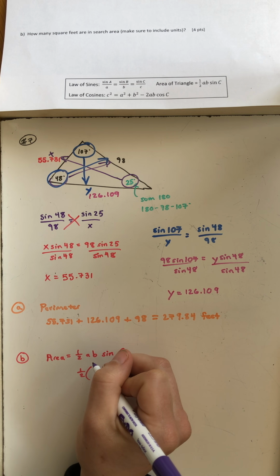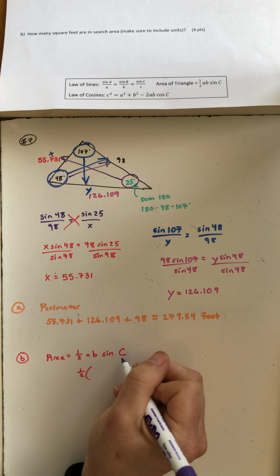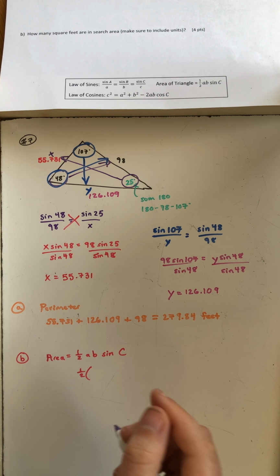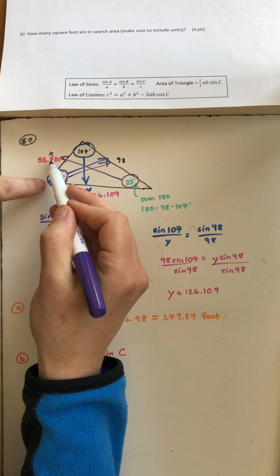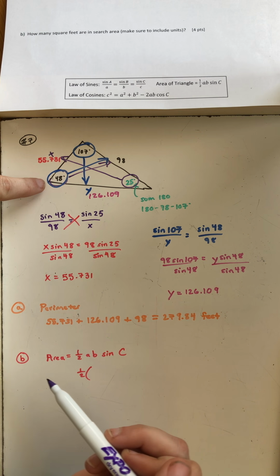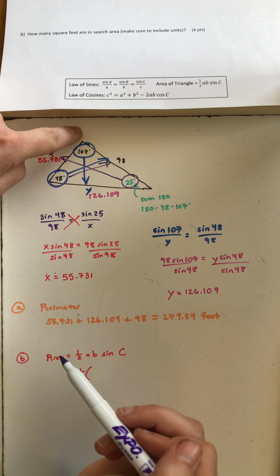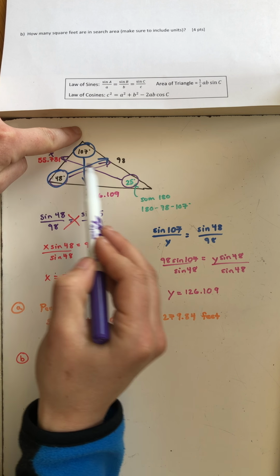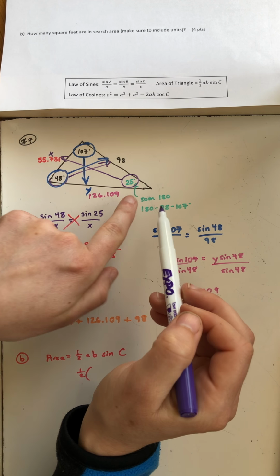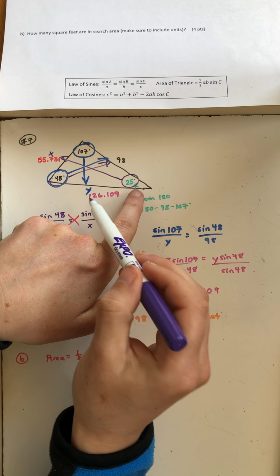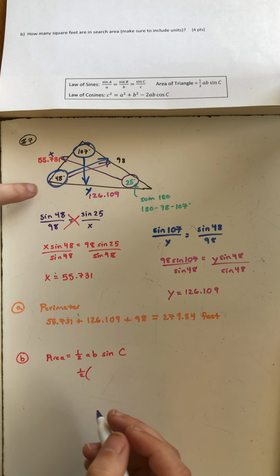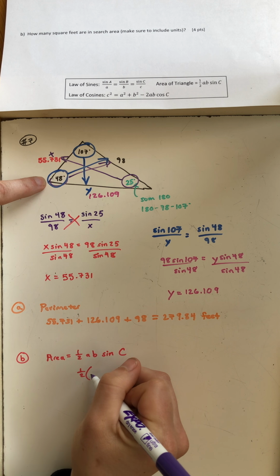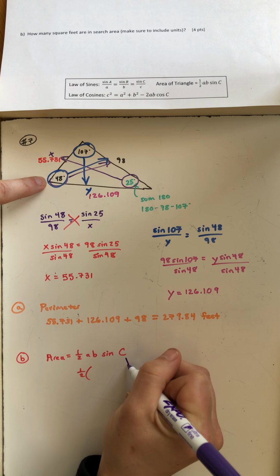So it doesn't matter which angle you pick, but the sides have to be on both sides. So I could do the angle 48 and I would choose 55 and 126. I could choose the angle 107 and then use 55 and 98. Or I could choose 25 as my angle and use 126 and 98 as the sides. I'm just going to use 48 for my angle.